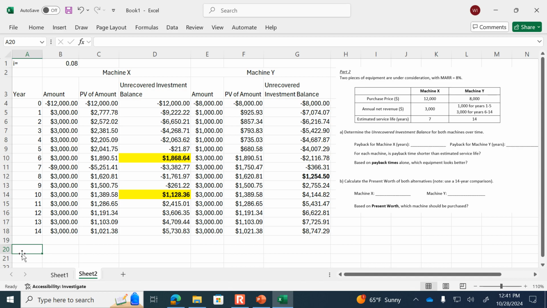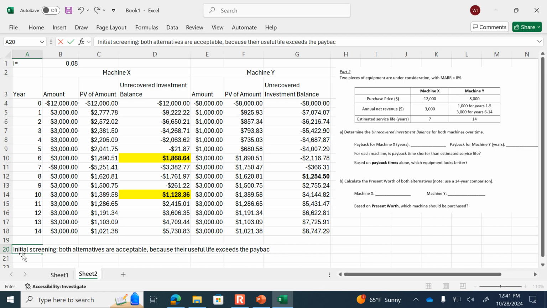So the conclusion here is initial screening. Both alternatives are acceptable because their useful life exceeds the payback period. Machine X paid off in 6, it'll last for 7. Machine Y paid off in 8, it'll last for 14.